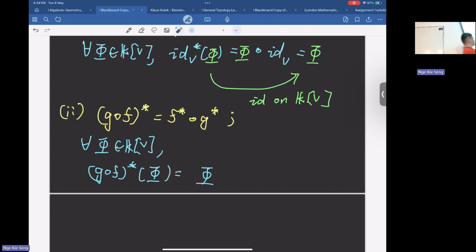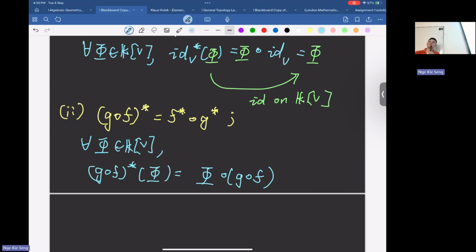Pre-compose is because you need to do this first, and then you do the rest, because our composition goes from right to left. So where do you put G∘F? Pre-compose or post-compose? Pre-compose, so we do G∘F first.